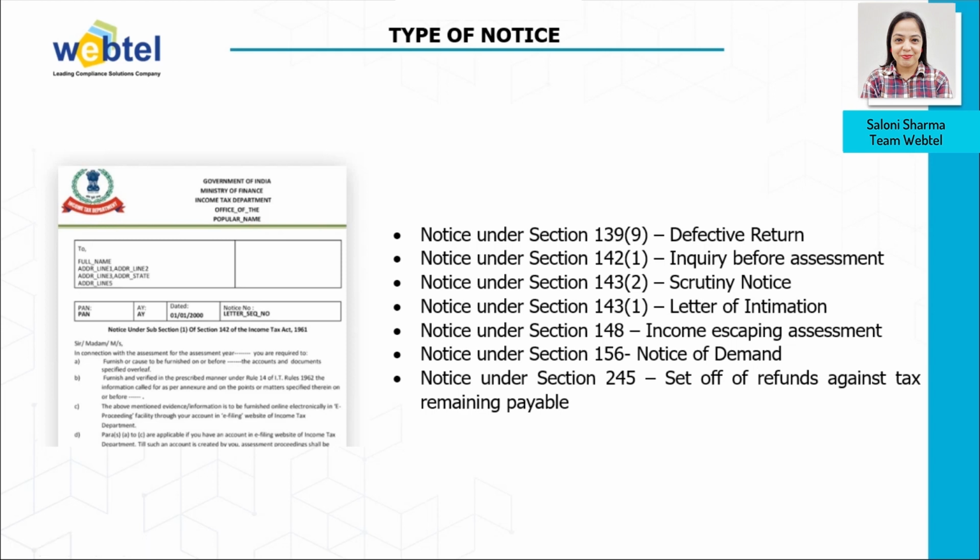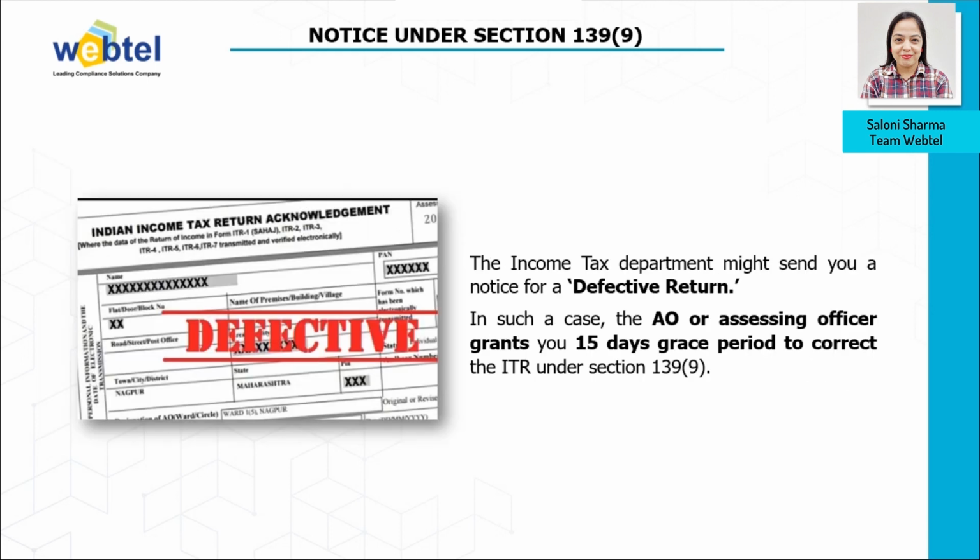So our first notice is related to the defective return as per section 139(9). A notice related to the defective return might be sent by the Income Tax Department in a case where the assessing officer grants you a 15 days grace period to correct the ITR under section 139(9).